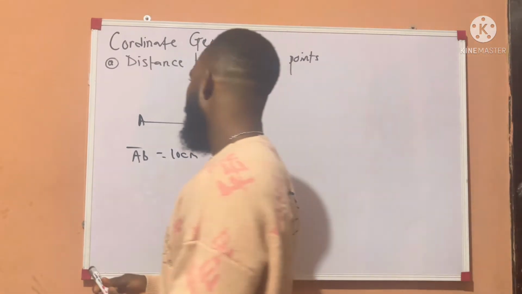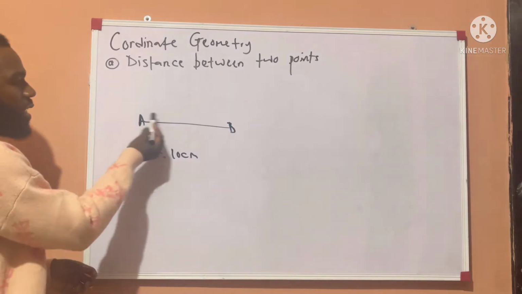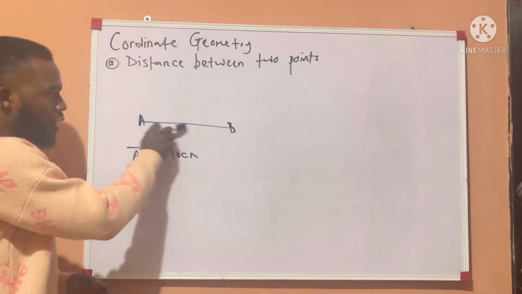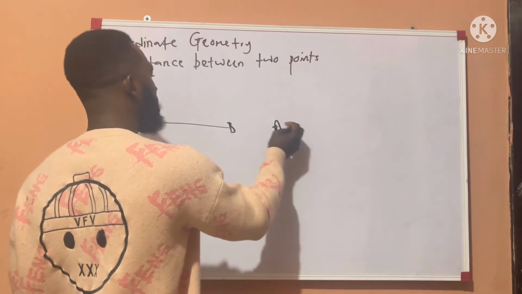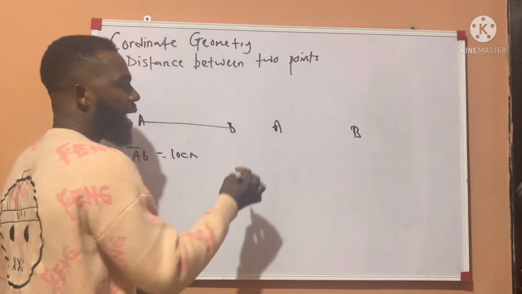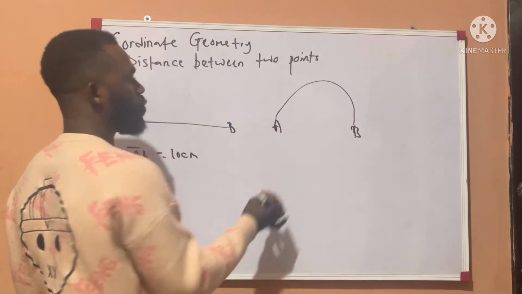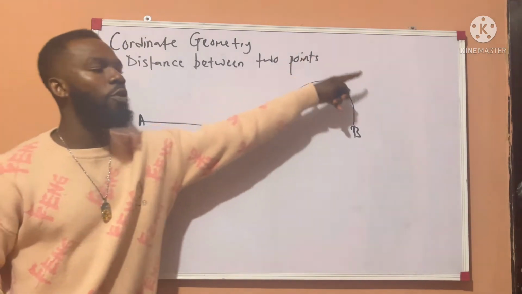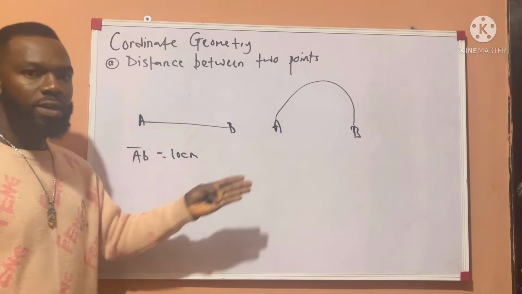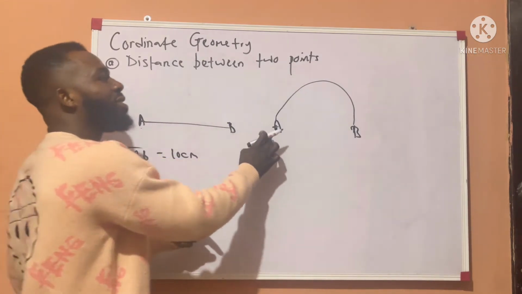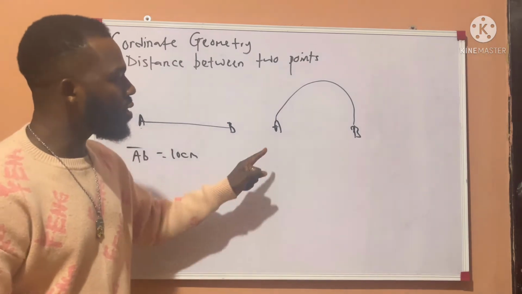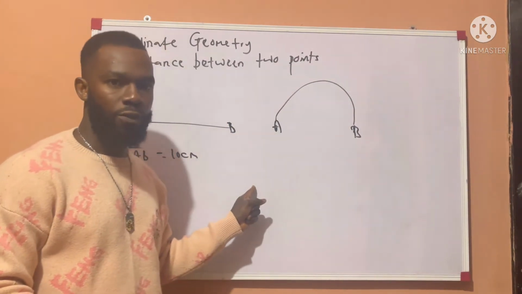For instance, I can choose to walk from point A to point B going on a straight pattern. But again, if this is point A and this is point B, I can also choose to go this way. You see this is curved, but this is straight. Now, the distance between A and B on a straight line is not the same as the distance between A and B when it is curved.